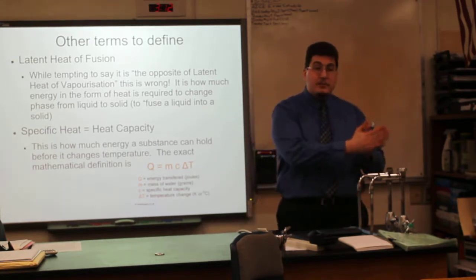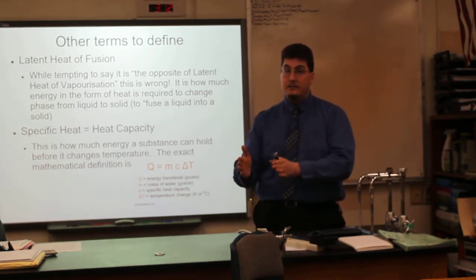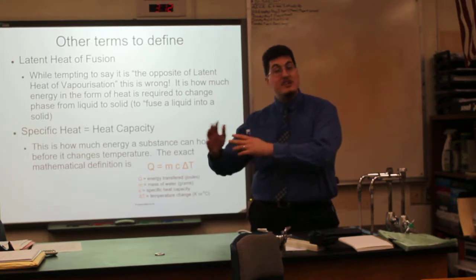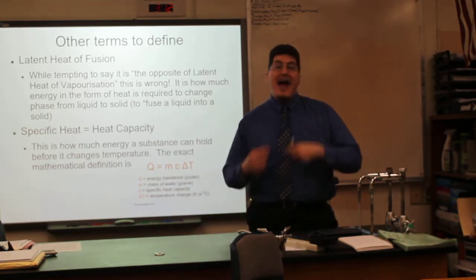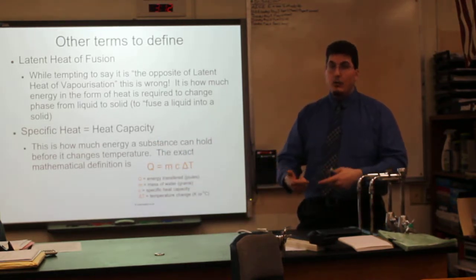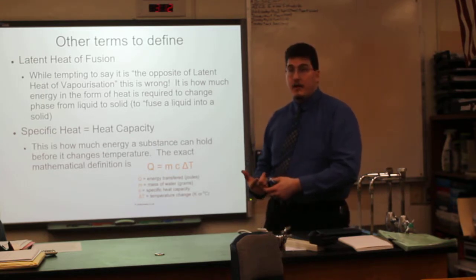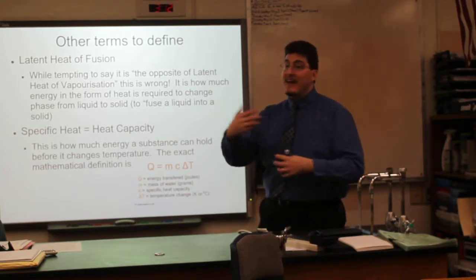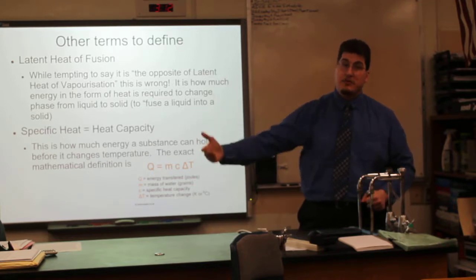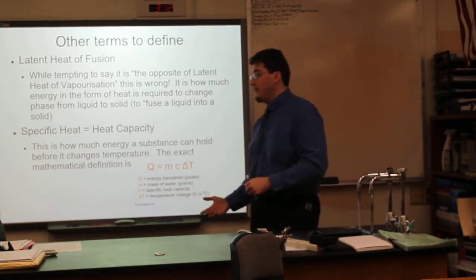After it has completely changed phase from solid to liquid, and before it has changed phase from liquid to gas, adding heat energy will get you a temperature change. How much heat energy you must add in order to affect that temperature change, that is your heat capacity.